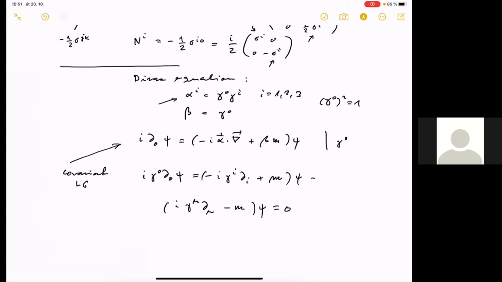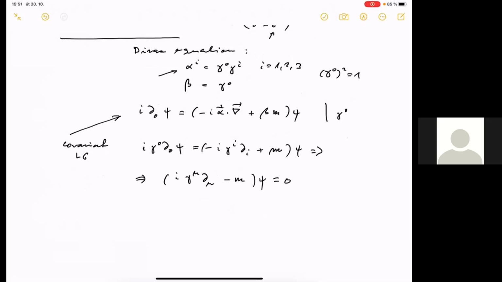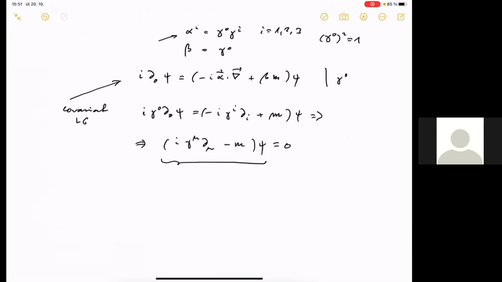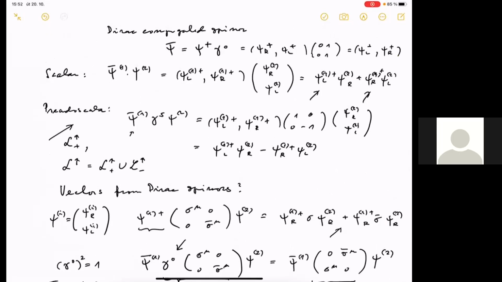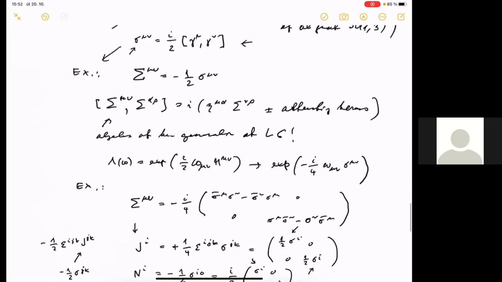This should be 0. And what is in fact covariant is the left-hand side of the Dirac equation, written in this form. For this, we will need some properties of the matrices which correspond to this representation of the Dirac bispinors.